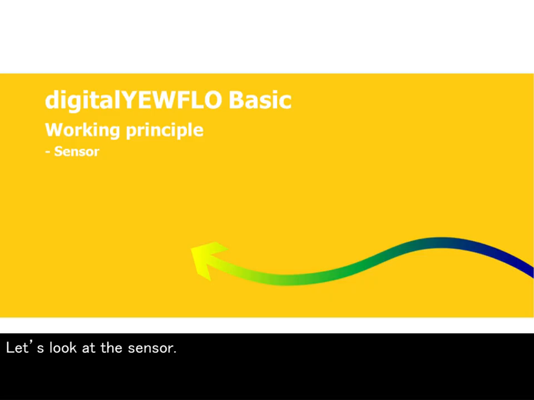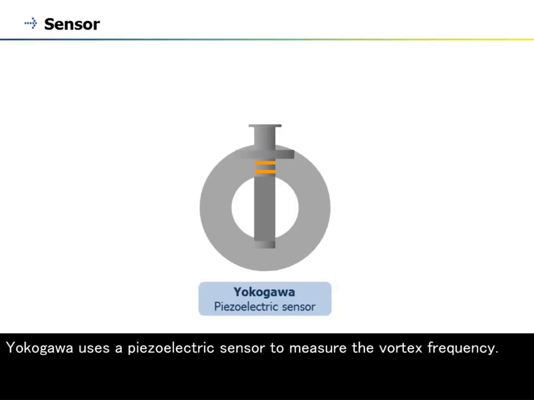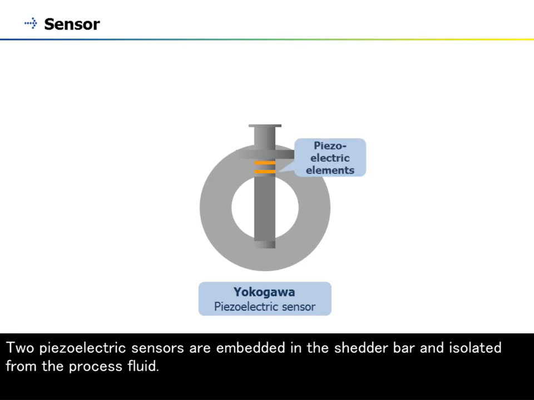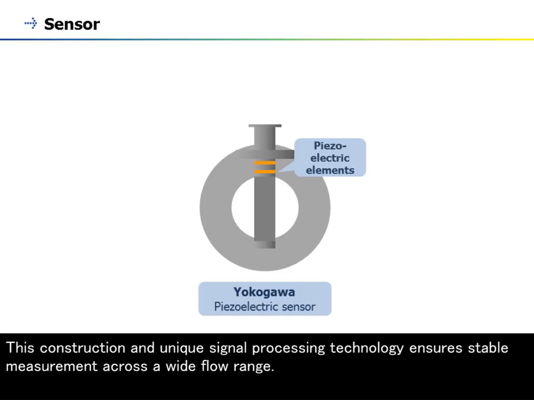Let's look at the sensor. Yokogawa uses a piezoelectric sensor to measure the vortex frequency. Two piezoelectric sensors are embedded in the shedder bar and isolated from the process fluid. This construction and unique signal processing technology ensures stable measurement across a wide flow range.